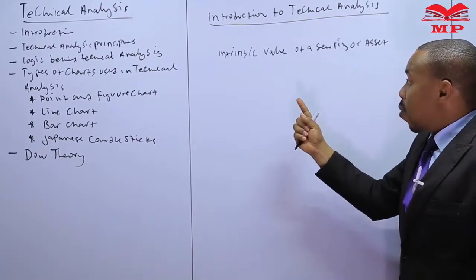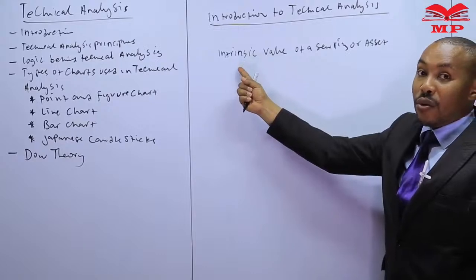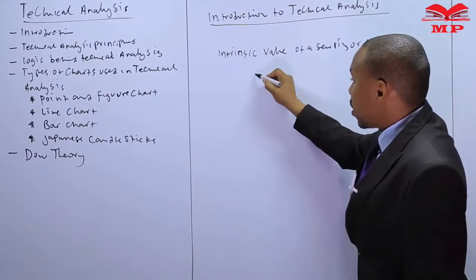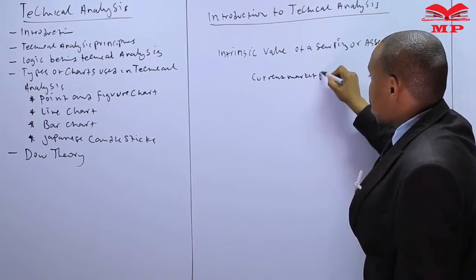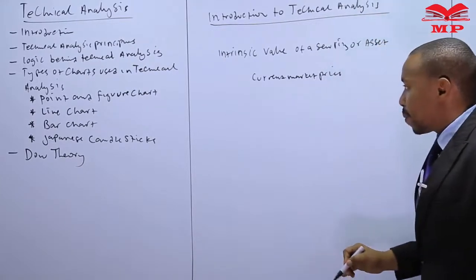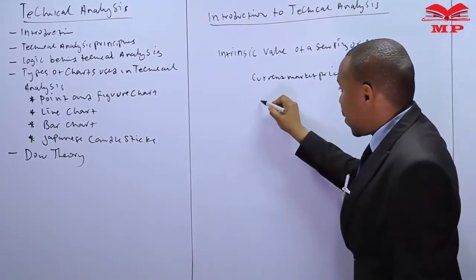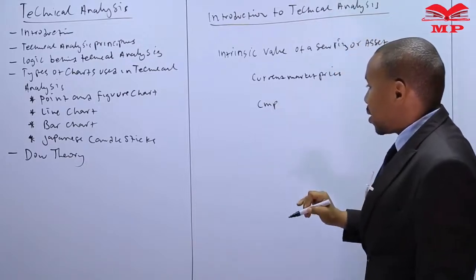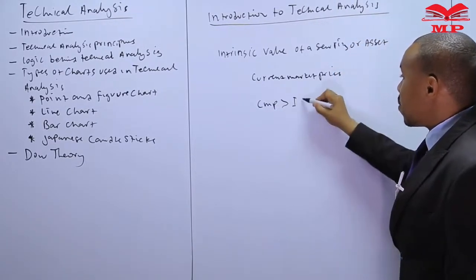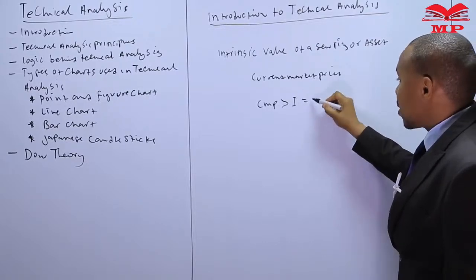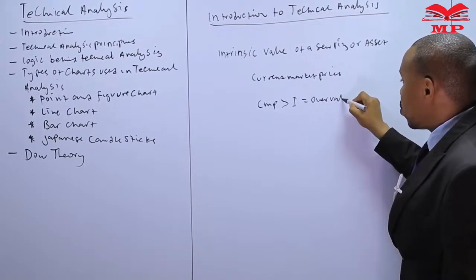So that once we've identified the intrinsic value, we are able to compare it with the current market price, such that if the current market price is greater than the intrinsic value, then you are saying that the security or the asset is overvalued.